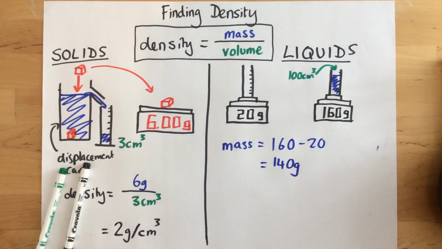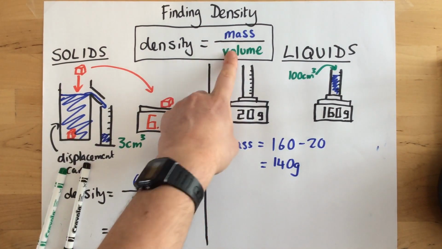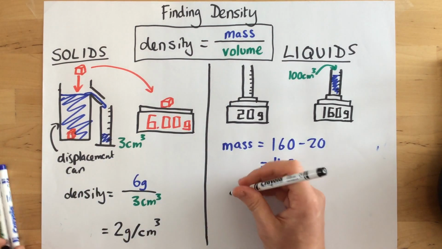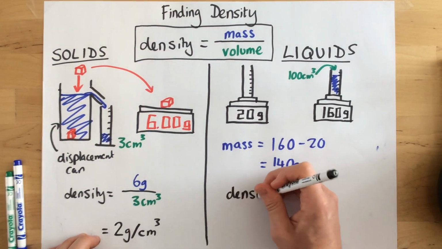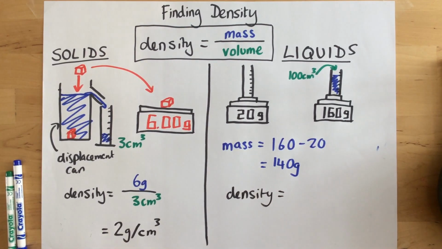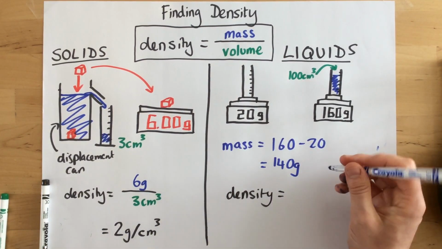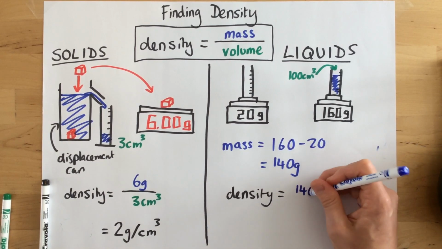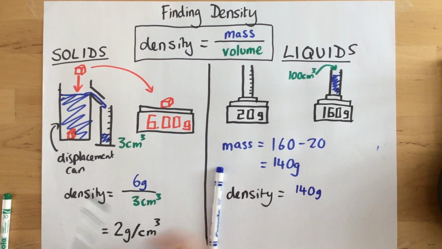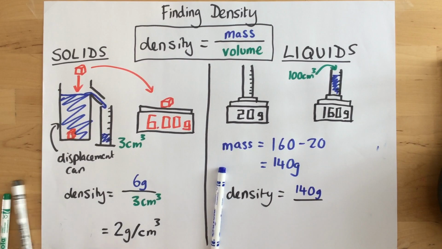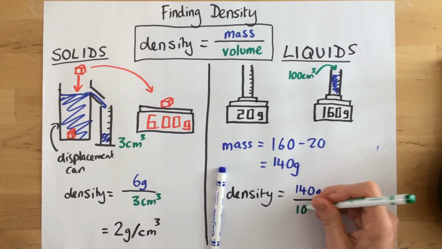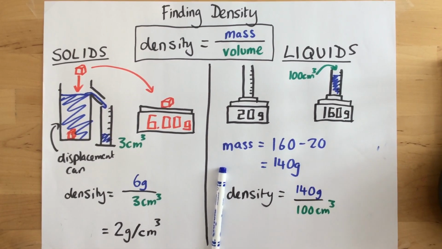Now that I've got this mass, I can just use my density calculation. To find the density of this liquid, all I need to do, just like before, is take the mass of the liquid, which is 140 grams, divided by the volume of the liquid, which is 100 centimetres cubed.